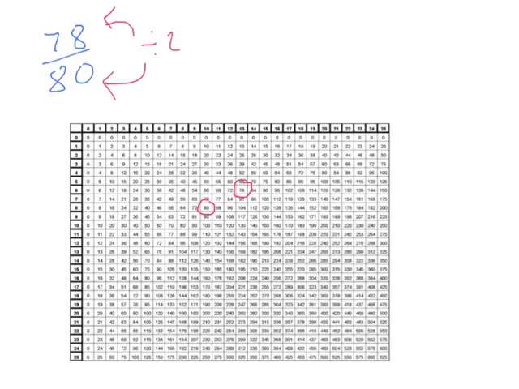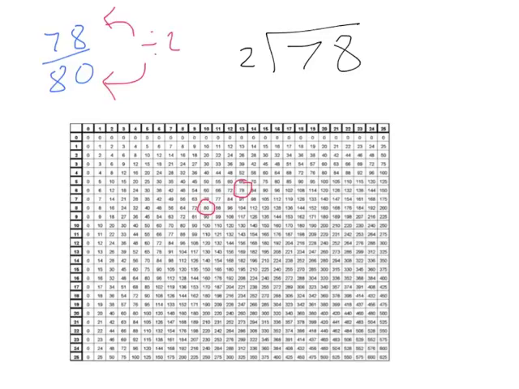Well, let's do some division. So we have to ask the question first, how many times does 2 go into the number 7 equally? Well, if we look at the multiples of 2, we can see that there is no number 7 in there. So 2 cannot go into the number 7 equally. But how many times can the number 2 go into the number 7 equally, if we were to ask the question?